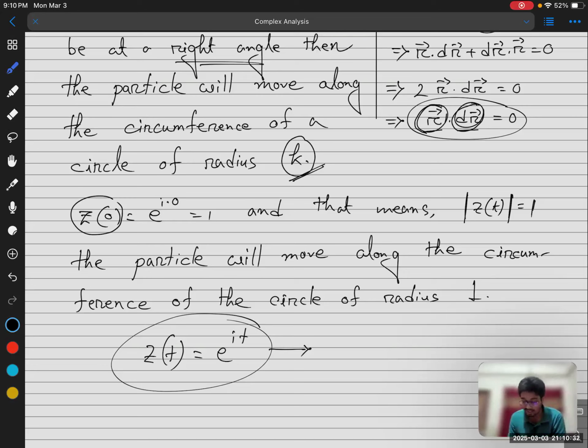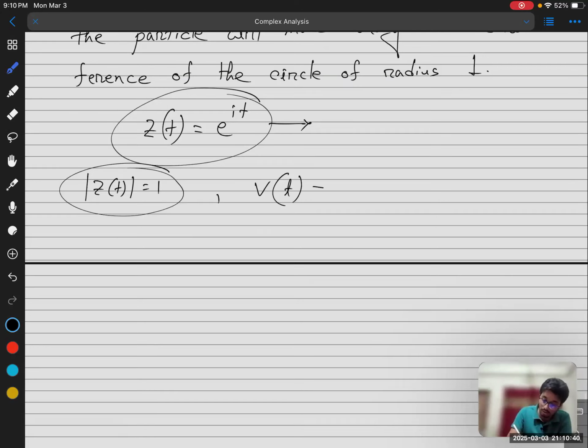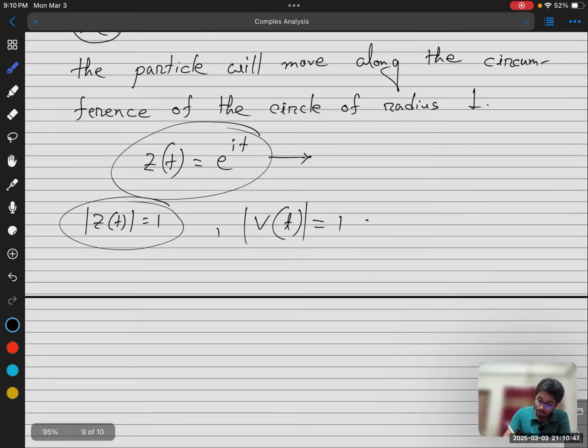What are the things? As we know that the modulus of z of t is 1, we also know that the modulus of v of t will be 1, because v of t is basically i times z of t.